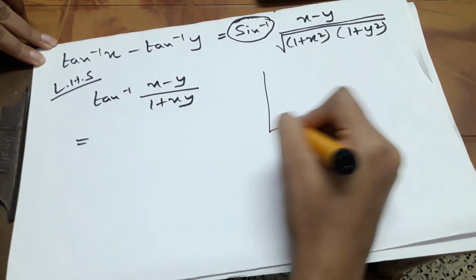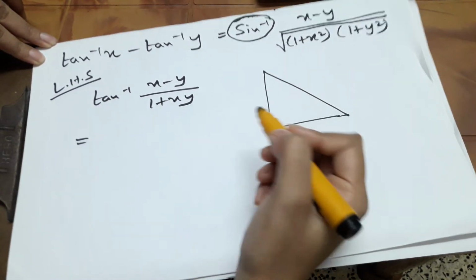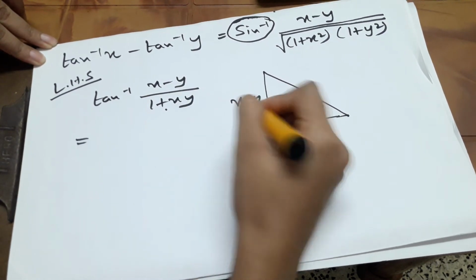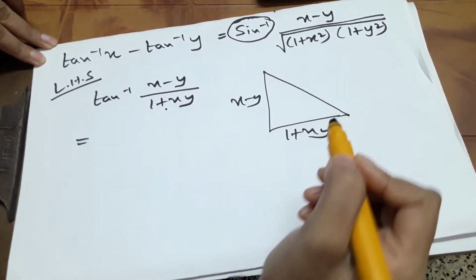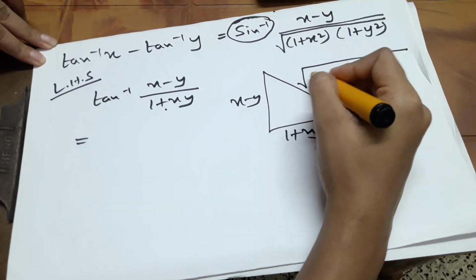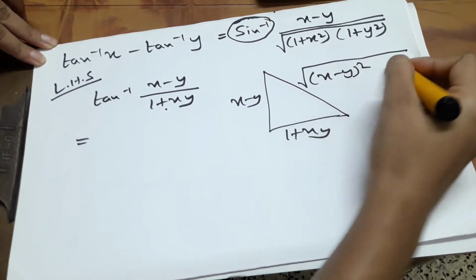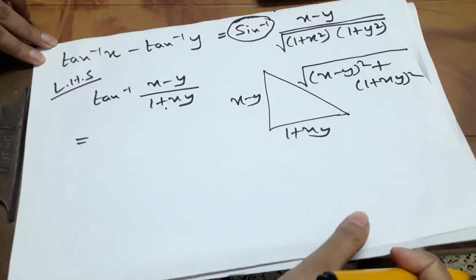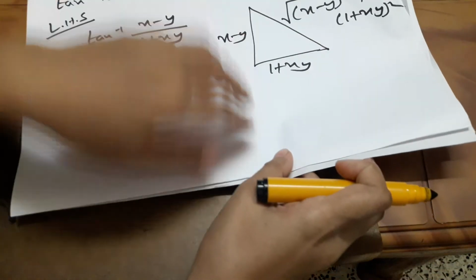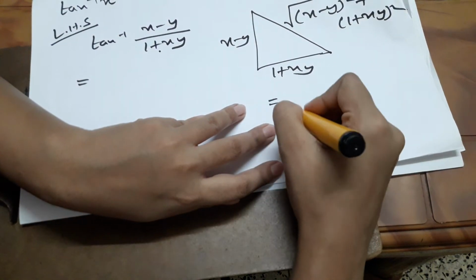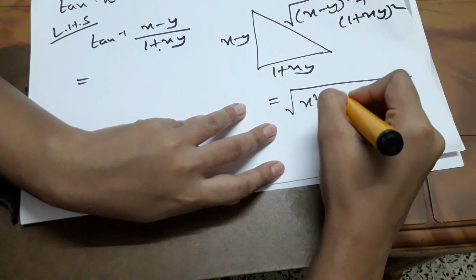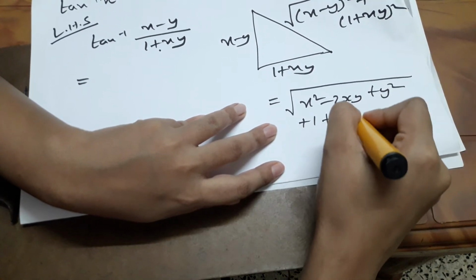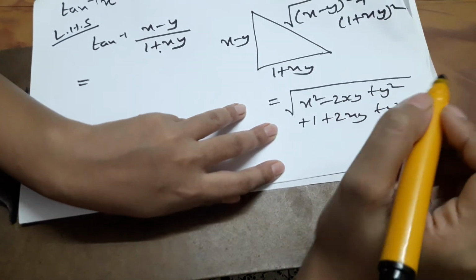Now if I apply the Pythagoras theorem here, p by b, perpendicular by base, so x minus y over 1 plus xy. The hypotenuse will be (x minus y) whole square plus (1 plus xy) whole square. Now you have to simplify this: x square minus 2xy plus y square plus 1 plus 2xy plus x square y square.